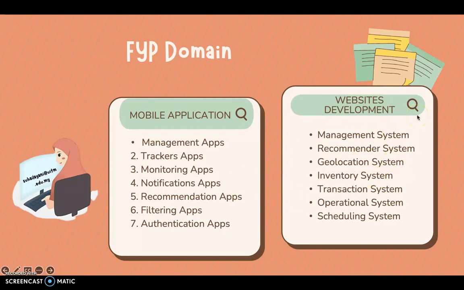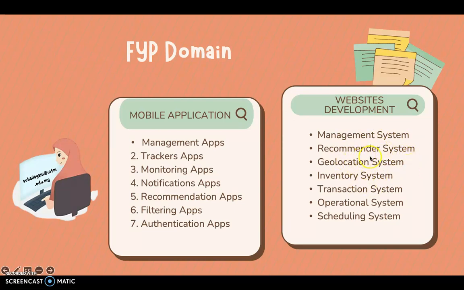As a conventional development, we can say that basically FYP students are involved in the development, so you need to know what your focus of development is. Do you develop a system to manage the business process? Then we call it a management system. If you are developing a system to recommend to users, to make suggestions to users, then we call it a recommender system.